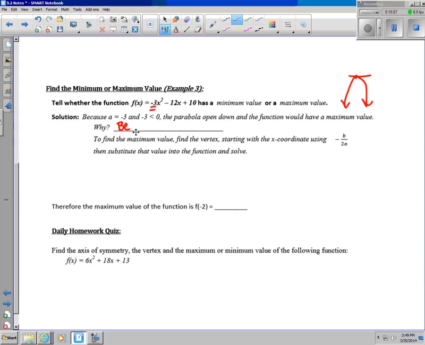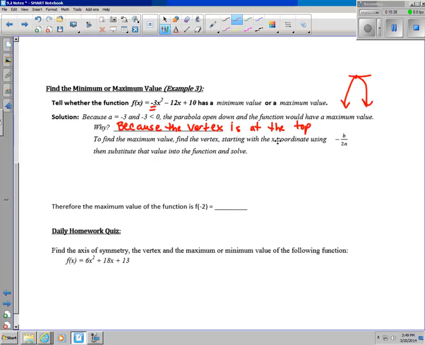The vertex is at the top instead of at the bottom. It would have a minimum value for a parabola that opens upward and a maximum value for a parabola that opens downward. So to find the maximum value, you actually literally have to find it. This is the maximum value, but let's actually find it.